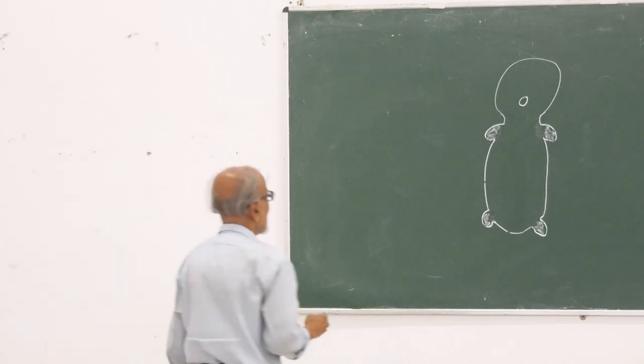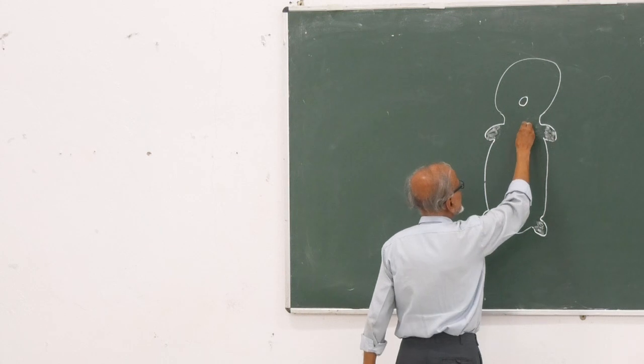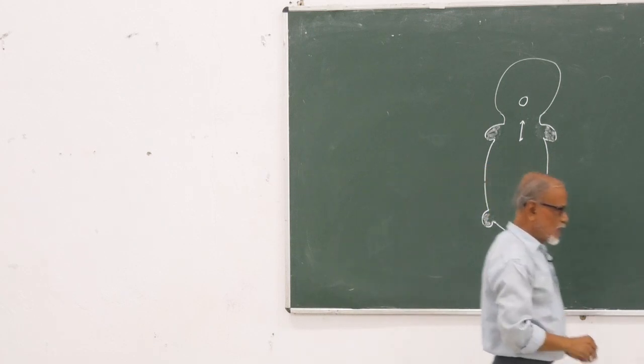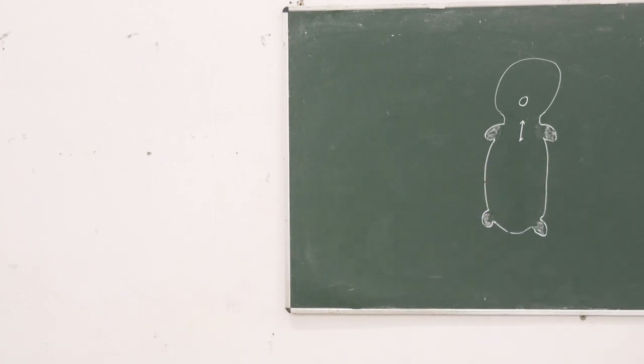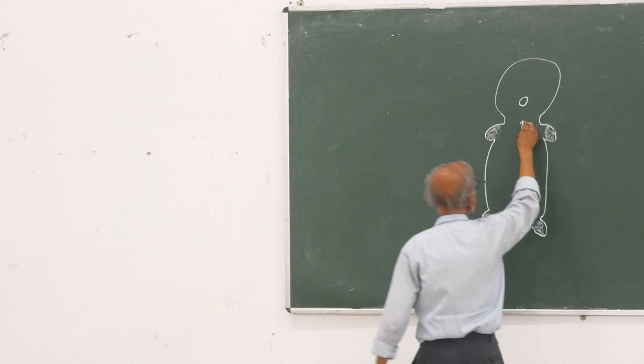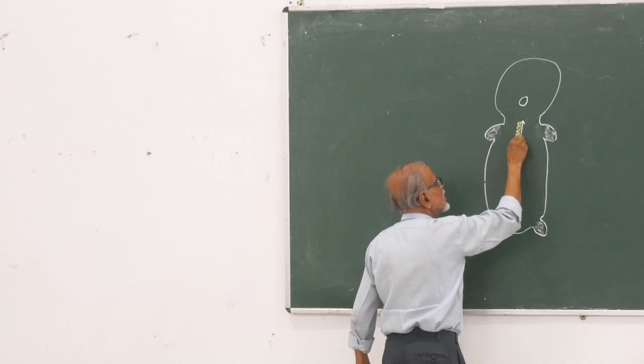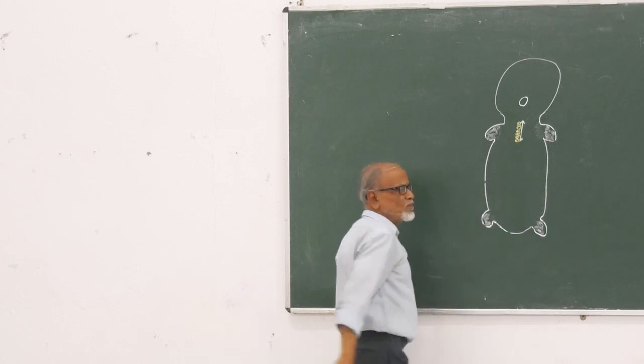তার মানে এইখানে এই জায়গাটায় this is the dorsal midline. এখানে packed হয়ে আছে in this region the somites like this. কটা somites আছে বলুন?